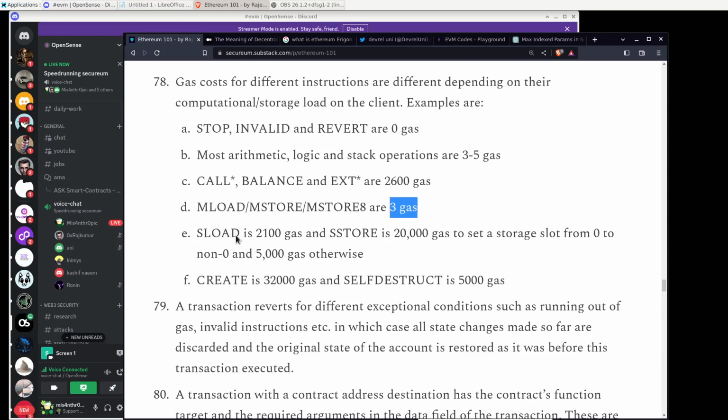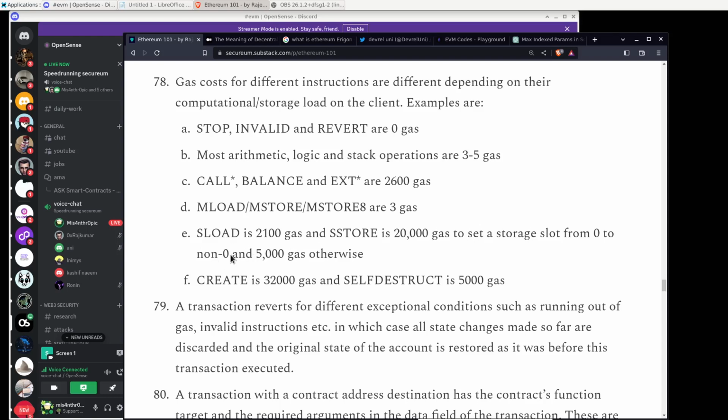SLOAD is 2100 gas, and SSTORE is 20,000 gas to set a storage slot from 0 to non-zero, and 5,000 gas otherwise.